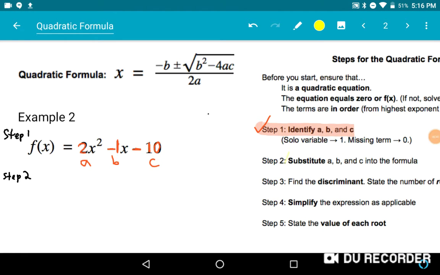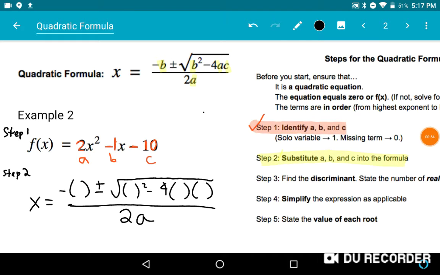Step 2, substitute A, B, and C into the formula. That's the formula that's up here. So I'm going to rewrite the formula with gaps for A, B, and C. I'm looking at the original formula, and I'm looking at A, B, and C in orange.